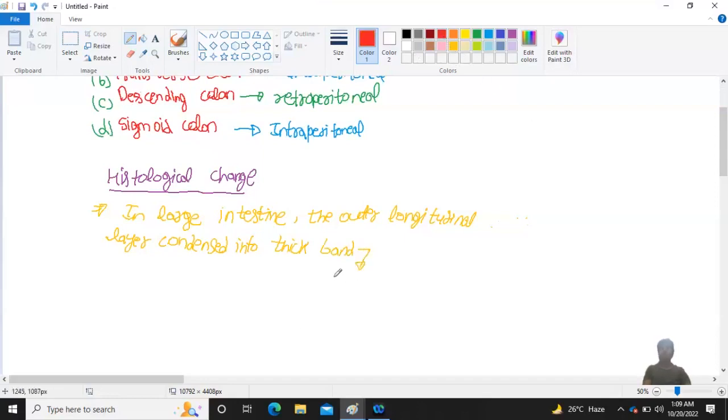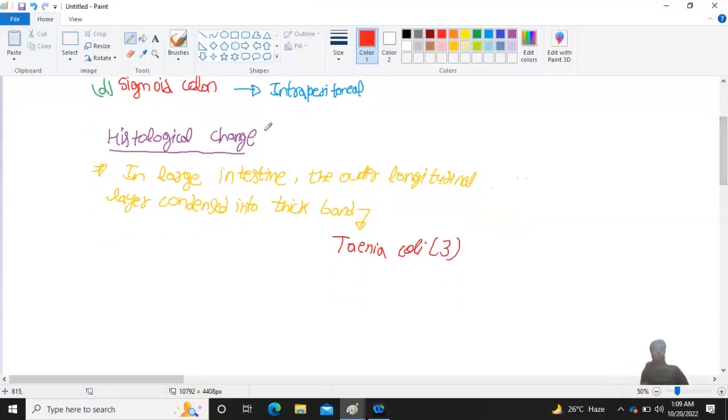How many? There are three bands, three tinea coli. This is a slight difference, and we write some other histological features.